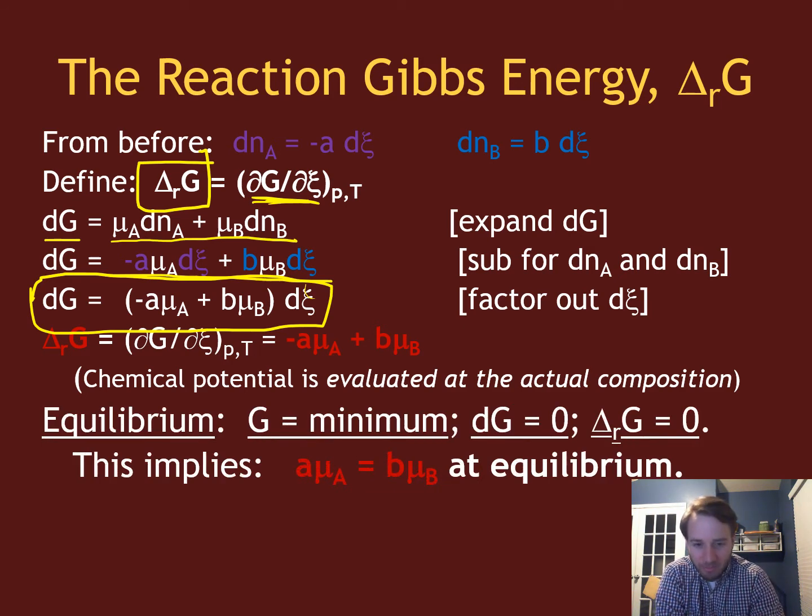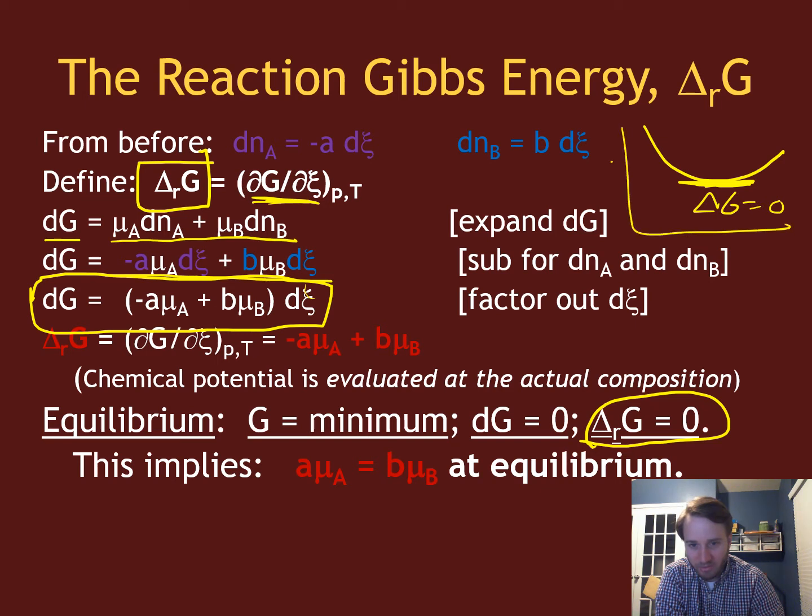Well, equilibrium occurs when we've reached the minimum free energy for the reaction. So the minimum free energy is going to occur when the change in the free energy of my reaction reaches 0. Because if we think of that plot, the minimum occurs when delta G equals 0, because this plot is G versus the extent of the reaction.